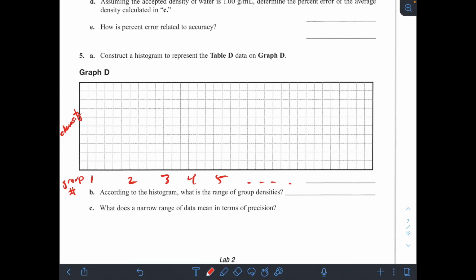Right, and you want to make sure that it sort of takes up some space in the graph, so don't make densities down here, like way down at the bottom. Right, set your y-axis so that your densities will be around 1, and use that so you can show the differences between the various groups. Right, and you'll construct a histogram for all 9 of those groups. Okay.